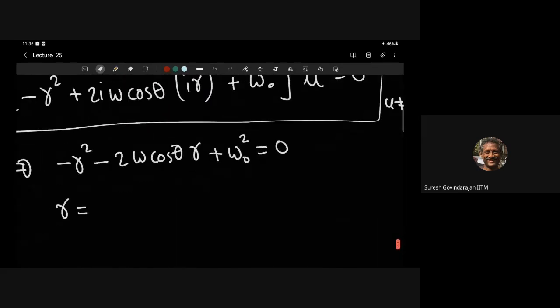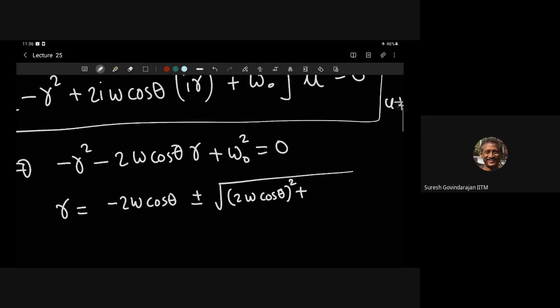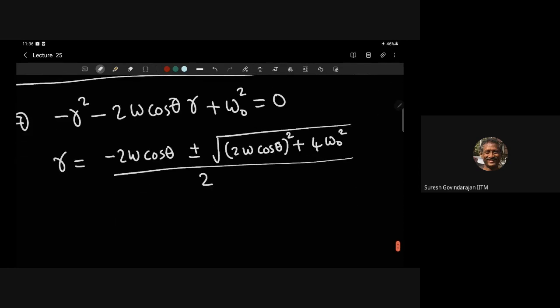So that will be minus b, square, plus. Okay, is this fine? So this is what we get, and so there are two solutions.